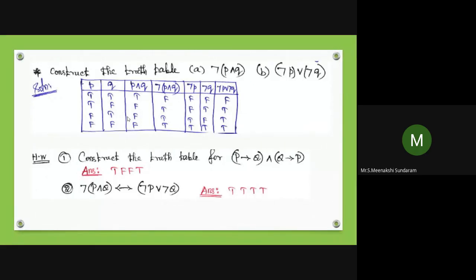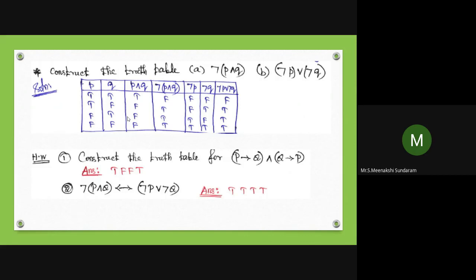Can anyone tell the answer? Unmute and tell. Can you remember which connectives are used? OR gate, AND gate, because there are two inputs and negation doesn't come in. So AND, OR, conditional, biconditional, exclusive OR. Out of these five, which gives the output here? The answer is true, false, false, true.